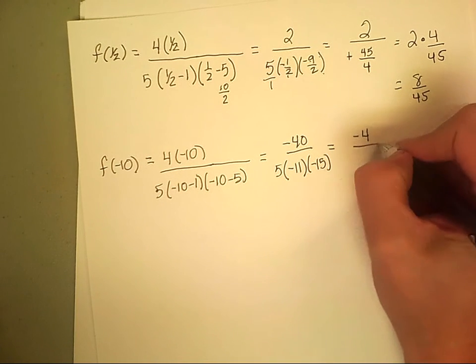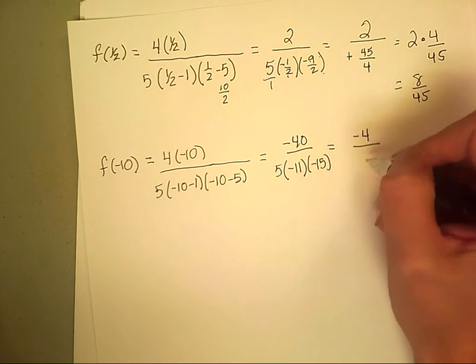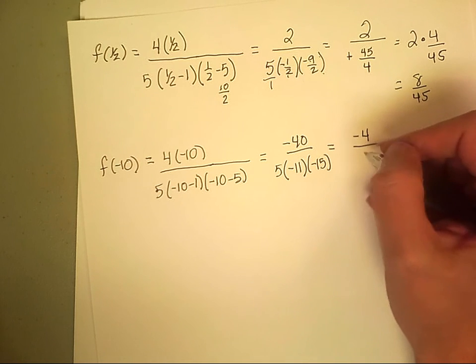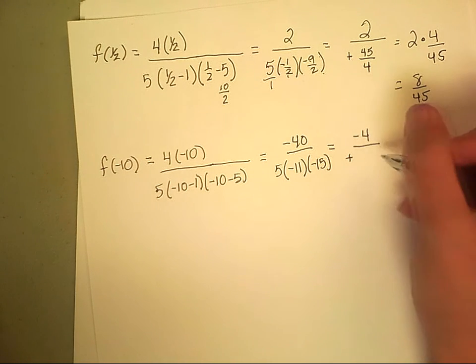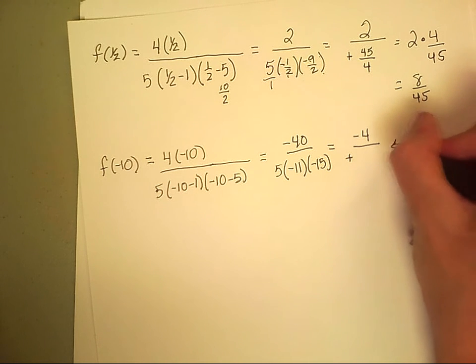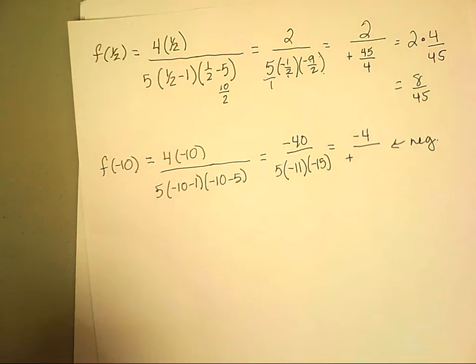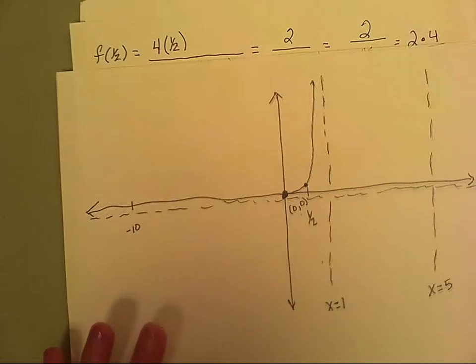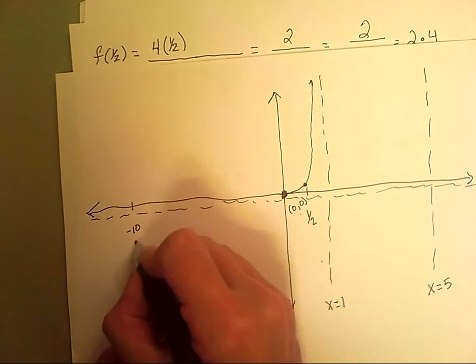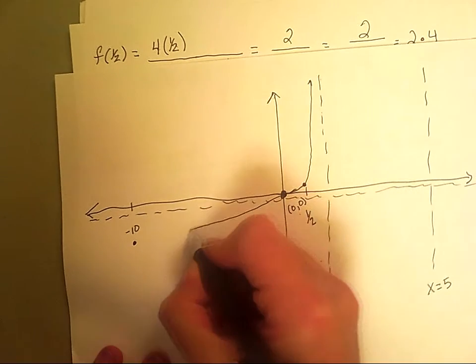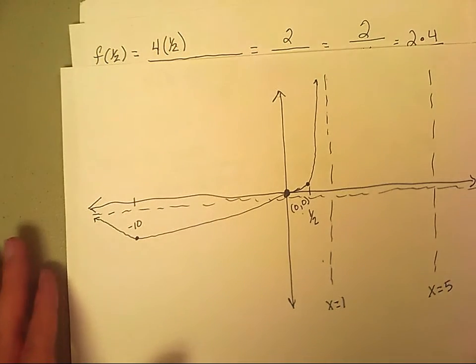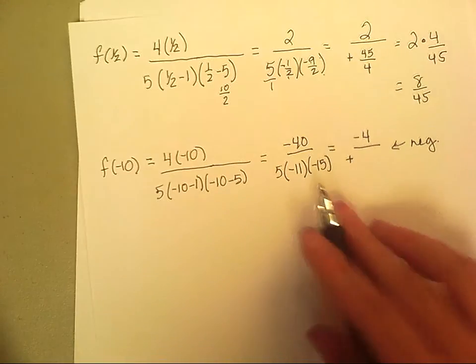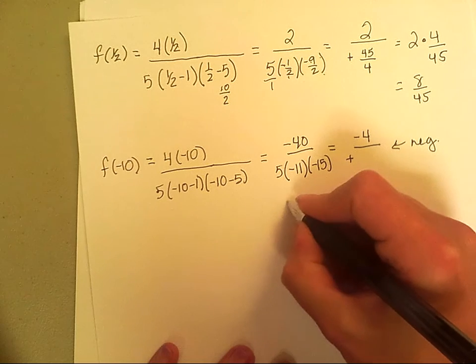So this is a positive 40 over a pretty big positive number. So in all, this is negative, right? I'm just doing some scratch work. So what that's telling me is that down here we have something like this happening. Okay.